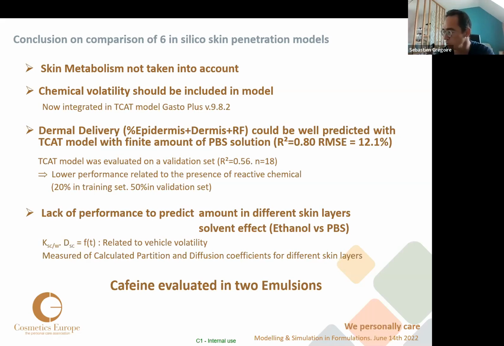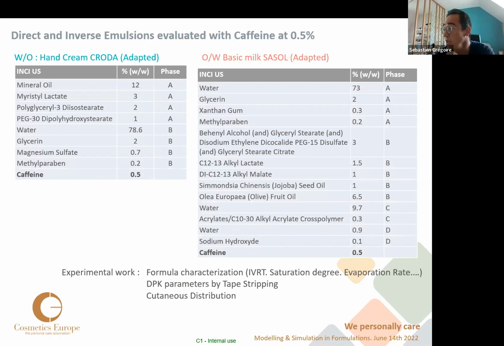And for such purpose, we evaluate caffeine in two different emulsions: water-in-oil, inverse emulsion, and direct emulsion. Caffeine was solubilized in this formula at 0.5%. And we perform on these two different formulas a different set of experiments, and I will present some of them partially.